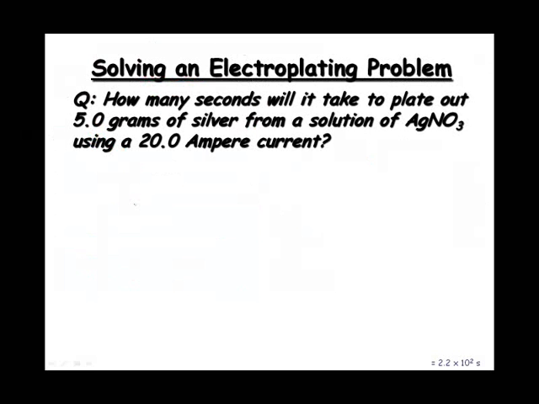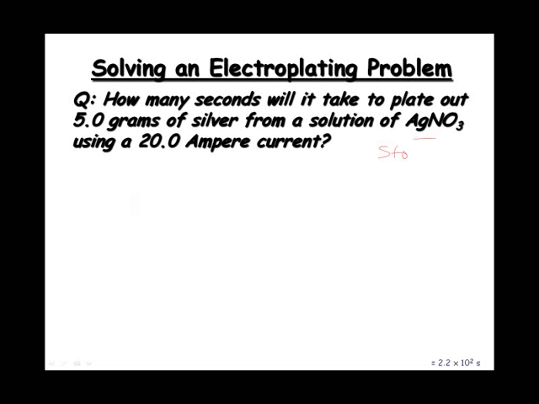Okay, so let's take a look at a few electrolysis problems. The first one is, how many seconds will it take to plate out 5 grams of silver from a solution of silver nitrate using a 20 amp current? There are a lot of these kinds of questions in electrolysis.